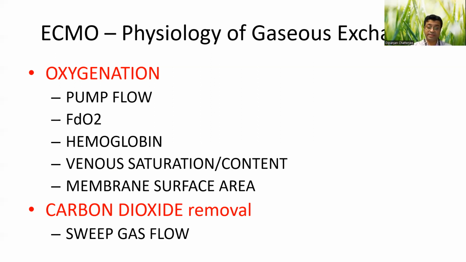Hemoglobin, since it is the main carrier of oxygen, when the hemoglobin concentration goes up, our oxygen content in blood naturally goes up. If the blood which is coming to the membrane lung is very deoxygenated, then the outlet blood will also not be fully saturated. And last but not the least, the membrane surface area.